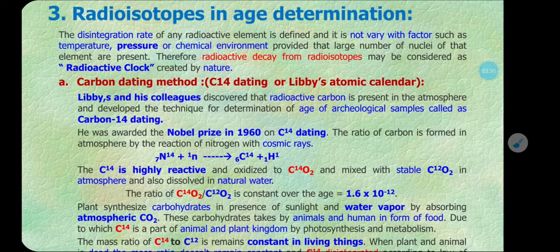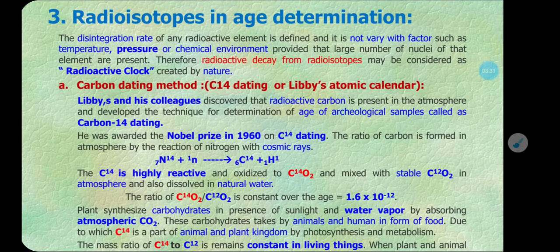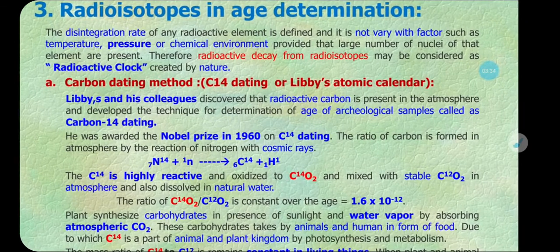So for this age determination, the first radioisotope that has been used, that is C14, or carbon radioisotope C14 dating method, or this method we also call Libby's atomic calendar.